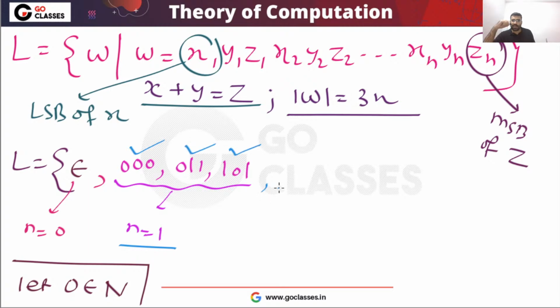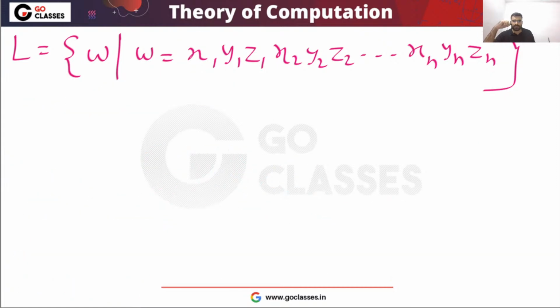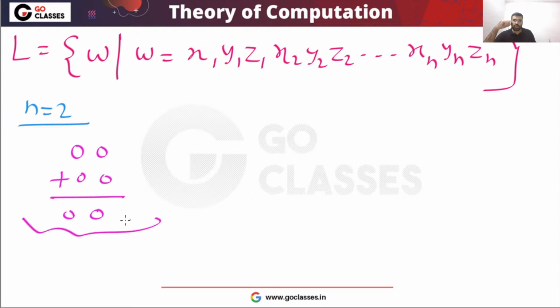Similarly, if I put n equal to 2, which strings will I get? For example, this type of string: 0 0 plus 0 0, then the addition will be 0 0. Because of this, I will get this string. And if I do 0 0 plus this, then I will get this string.